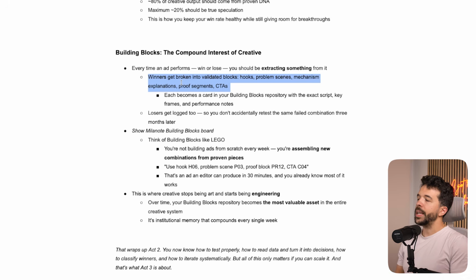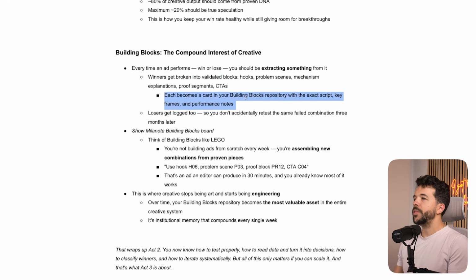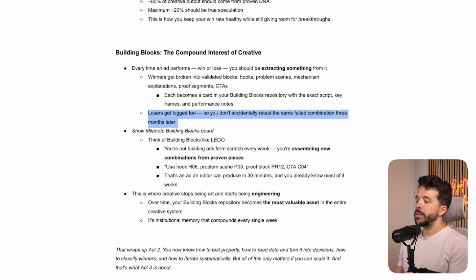Each becomes a card in your building blocks repository with the exact script, keyframes, and performance notes. Keep in mind, losers get logged too, so you don't accidentally retest them, and you don't spend $1 twice to learn the same lesson, right? And most of the time, people tend to forget about this part. You want to learn from the winners and you want to learn from the losers.